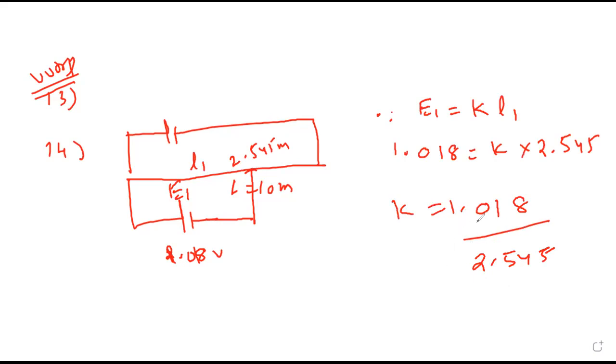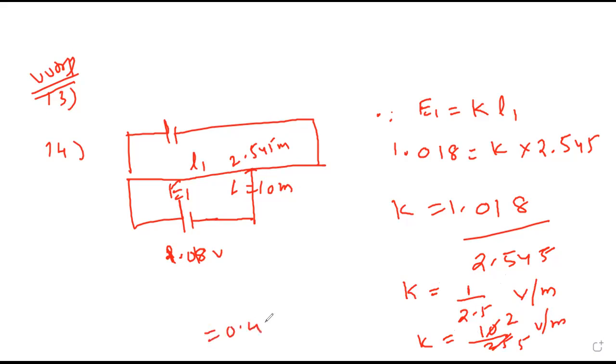So this part follows? Yes, sir. Therefore, K is approximately, you can write 1 upon 2.5 volt per meter, which will become 10 upon 25, 5 into 2, 5 into 5 volt per meter, 0.4 volt per meter. Done.